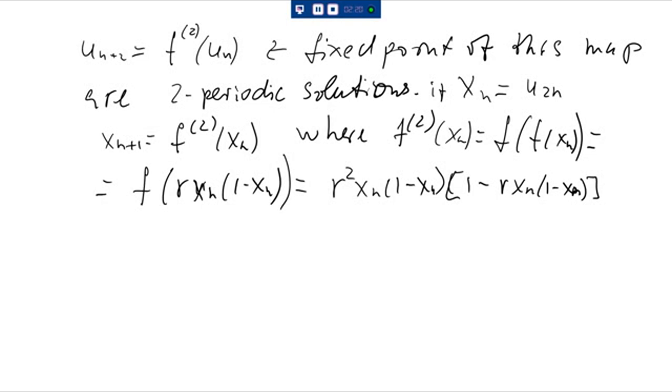Now, if we look at the plot of this function, it is a polynomial of fourth degree. It will look like this.